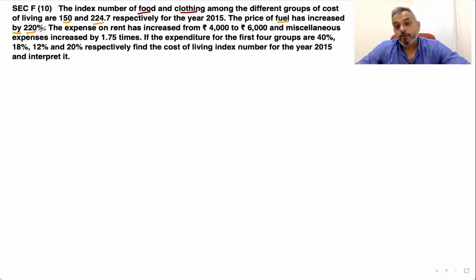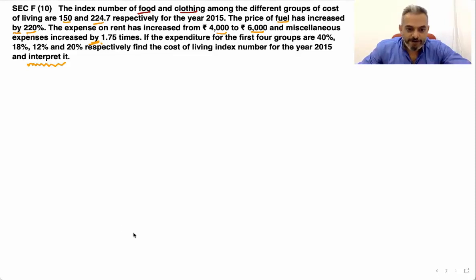Expense on rent has increased from 4,000 to 6,000, so we have to find the index for it. And miscellaneous expense increased by 1.75 times. If the expenditure for the first four groups are 40, 18, 12 and 20 respectively, find the cost of living index number for the year 2015 and interpret it.